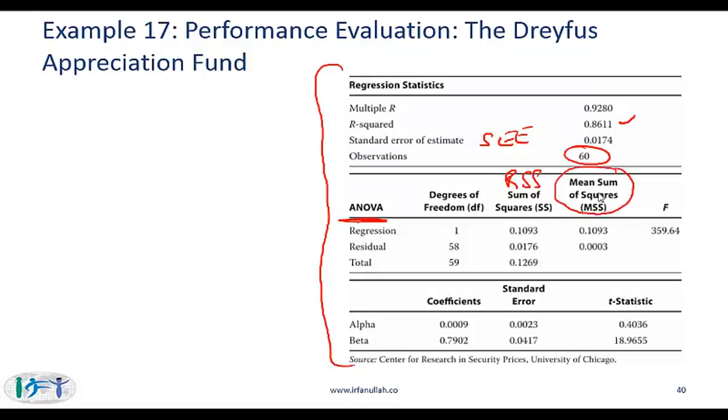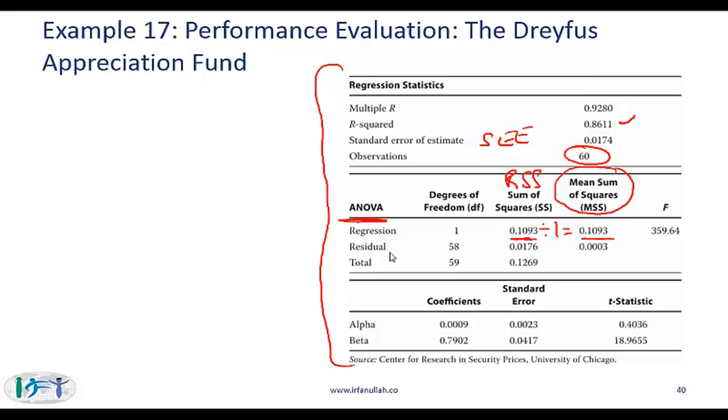What about the mean or the average regression sum of squares? How do we come up with this number? It is 0.1093 divided by the number of independent variables, which is 1. So that is the same number. In the next chapter, where we have more than one independent variable, these two numbers will not be the same. They'll be linked, but they'll not be the same.